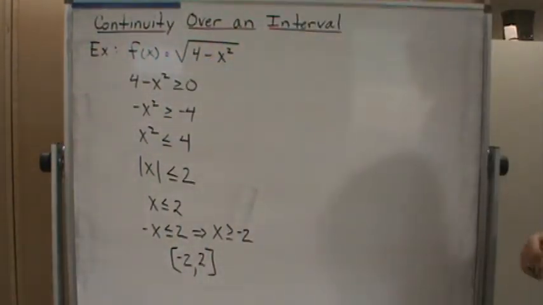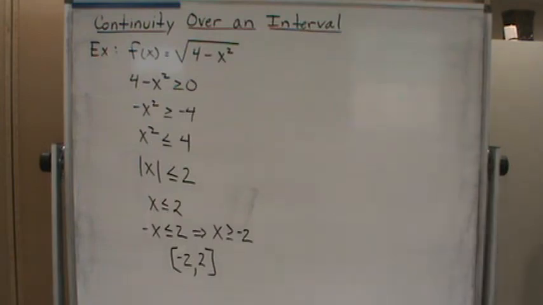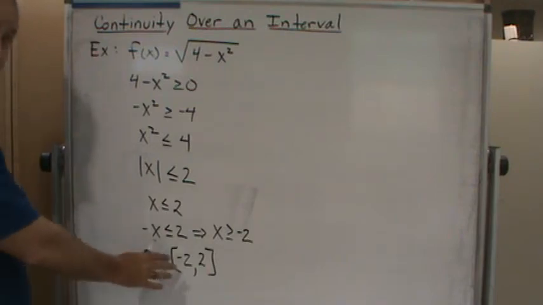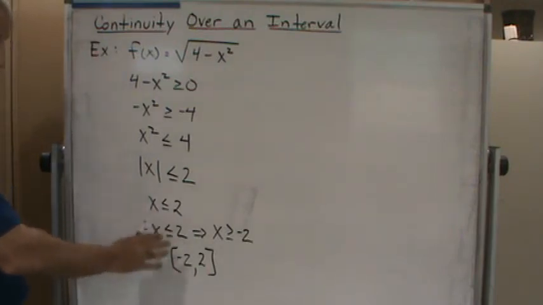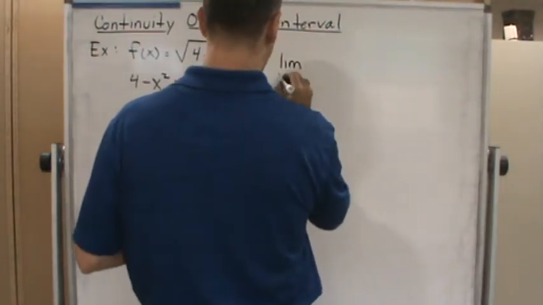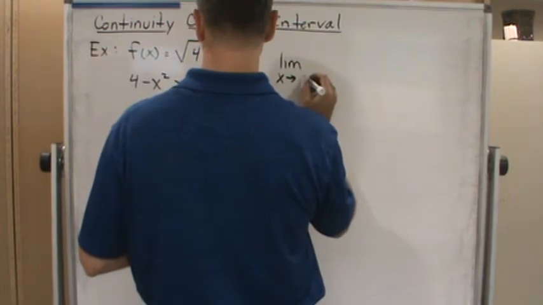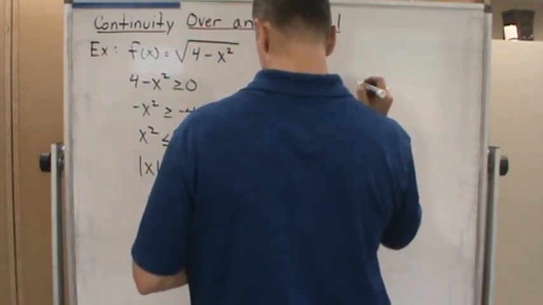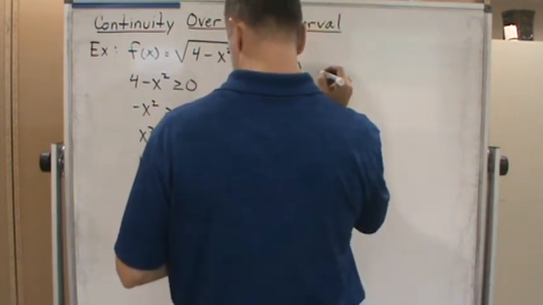Now, the thing is how do we know it's continuous on this domain? Well, that's where we have to look at the limits. By using the limit laws, so this is one way to find the domain, which gives you an interval to consider. So now that we've got the interval to consider, let's use the limit laws. We say limit as x approaches a.